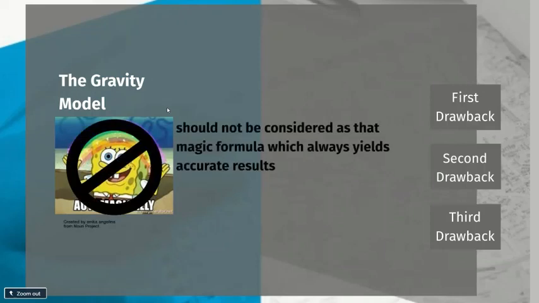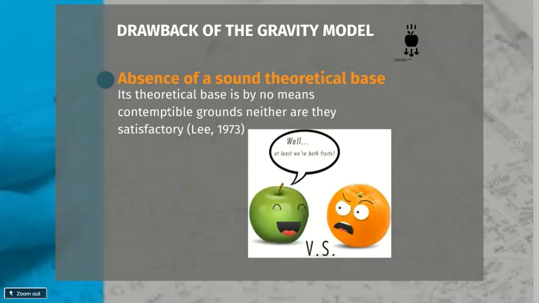It doesn't always work that way. So we should be careful not to consider this a magic formula. There are certain considerations that we should take note of, I mean, the limitations of the use of the gravity model. The first drawback of this model is that it lacks a sound theoretical base.